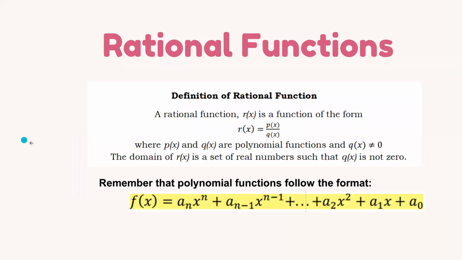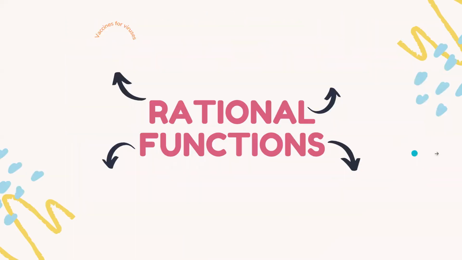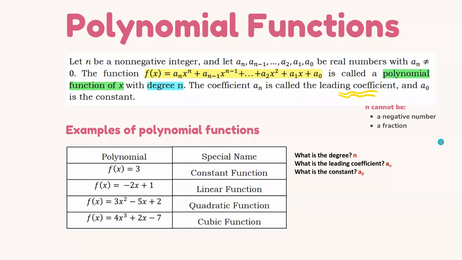Remember that n cannot be a negative number, and it cannot also be a fraction. So it is imperative that our n, or the exponents in a polynomial function, should not be a negative number or a fraction. It should be just a non-negative integer.